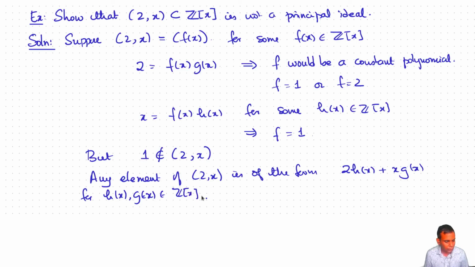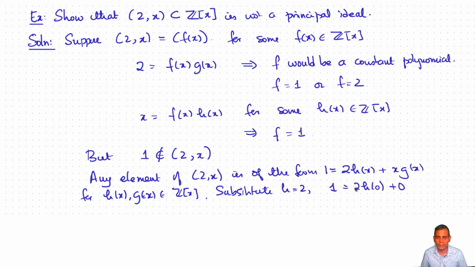And so if you substitute x equals 0, we'd have that 1 is 2h(x) plus xg(x). Substitute x equals 0, you get 1 is equal to 2h(0) plus 0, which would mean that 1 has to be an even number, which is clearly false. So we get a contradiction. So we see that the ideal generated by 2 and x in the ring of polynomials with integer coefficients is not a principal ideal.